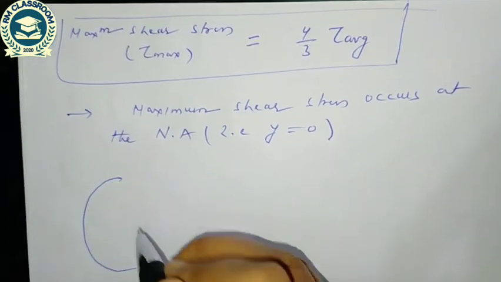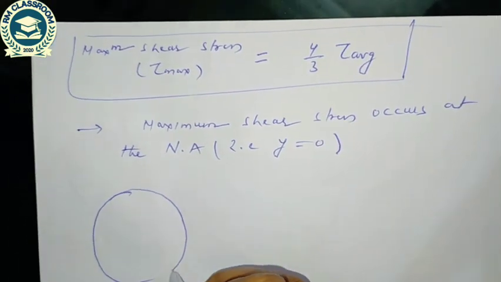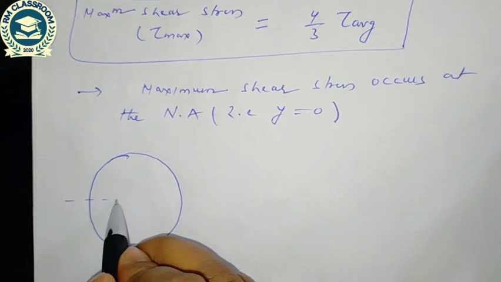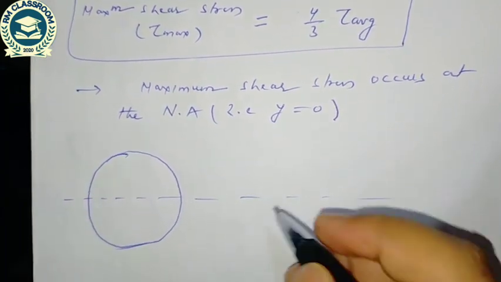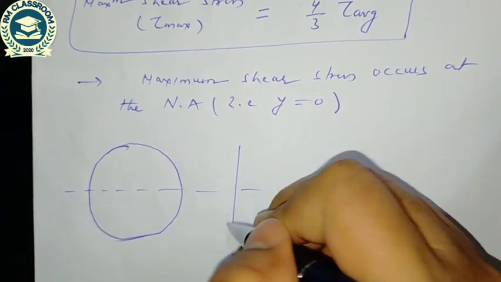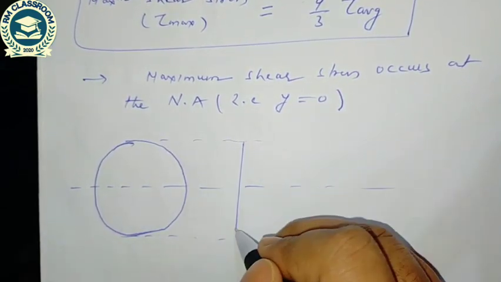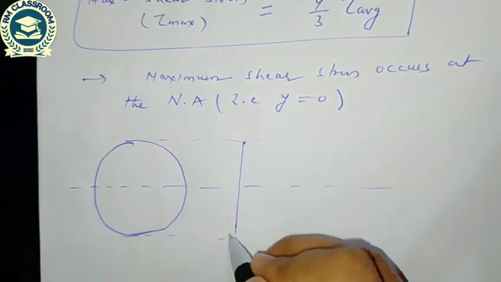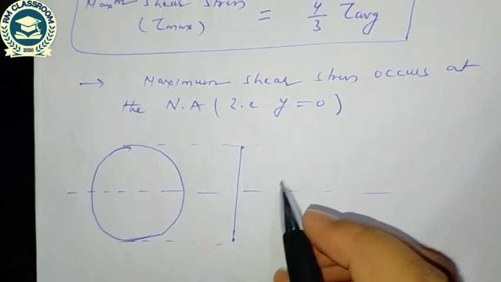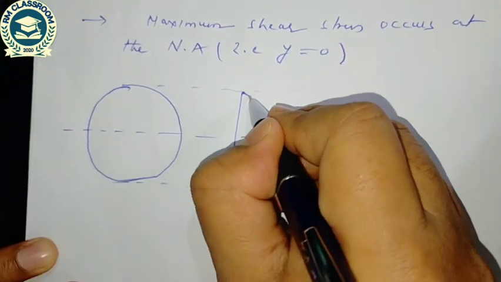If this is the section, if I draw the shear stress diagram, when y is equal to r, shear stress is 0. When y is equal to 0, shear stress is coming maximum.